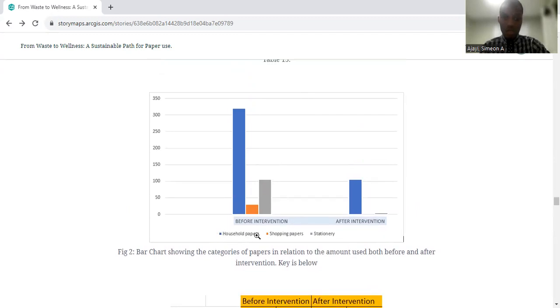The color coded, the household paper is in blue. The bar chart, the horizontal axis represented the weeks, which is now condensing to before the intervention, which is week 1 to 5, then after intervention, which is week 6 to 14.